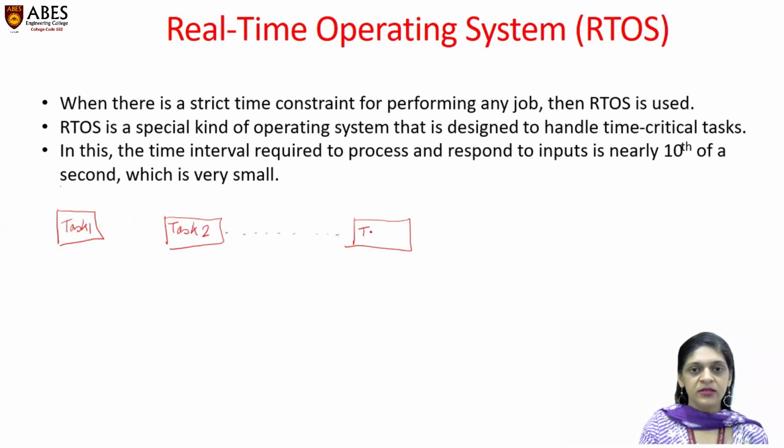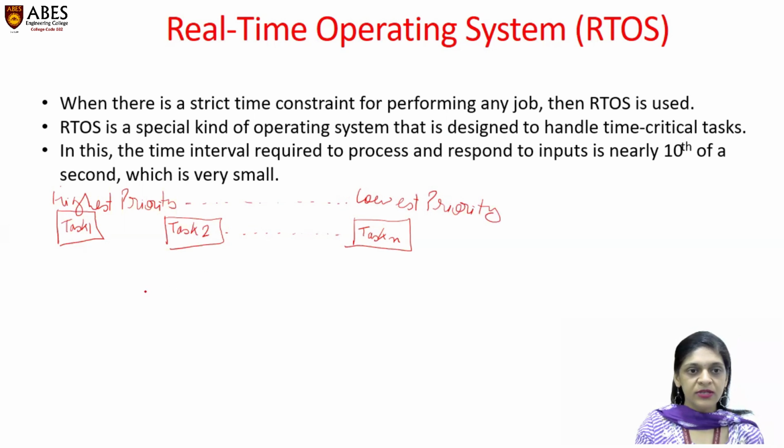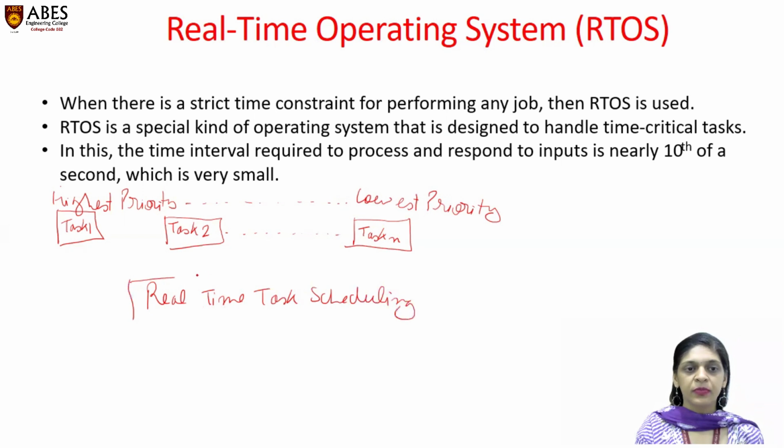This is task n. Here I am considering task 1 as the highest priority, and task n as the lowest priority. So here I am considering the real-time task scheduling algorithms.